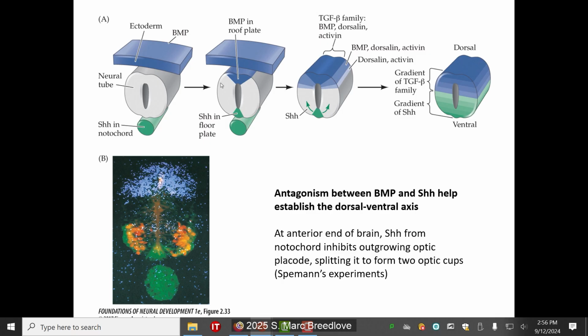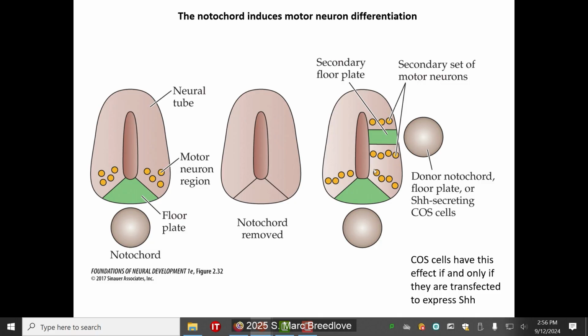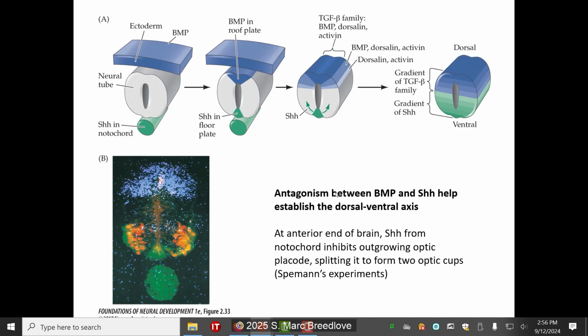And that's all going to have consequences for what kind of cells are going to develop there, because it's down here in the floor plate that some cells are going to make motor neurons. They're orange here and here. Some cells are going to make motor neurons in the ventral portion because of sonic hedgehog signaling first from the notochord and then from the floor plate itself.